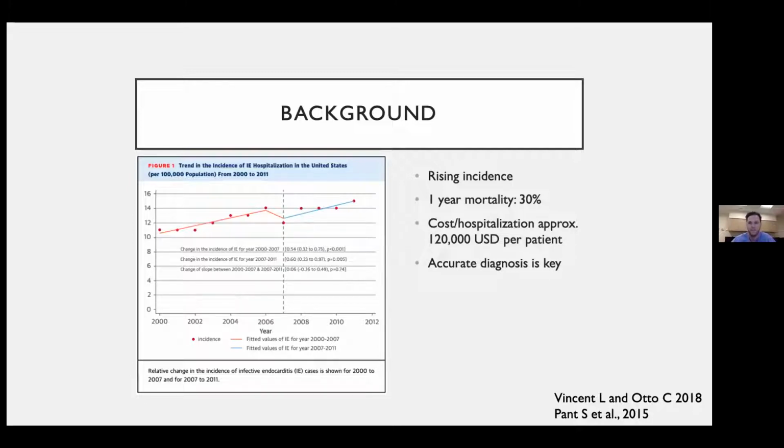Despite advances in treatment, endocarditis mortality still approaches 30% by 1 year. It's also very costly. The average hospital charges in the US for a hospitalization for endocarditis is in excess of 120,000 USD per patient. And therefore, accurate diagnosis really is key as it enables us to initiate prompt treatment.